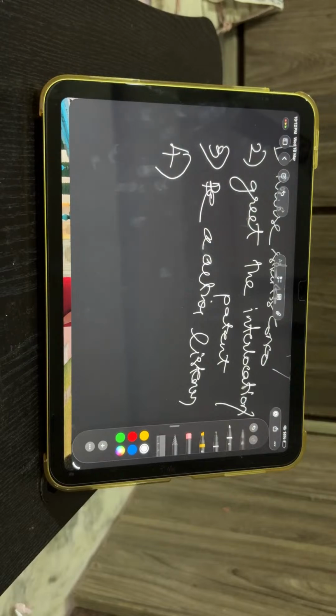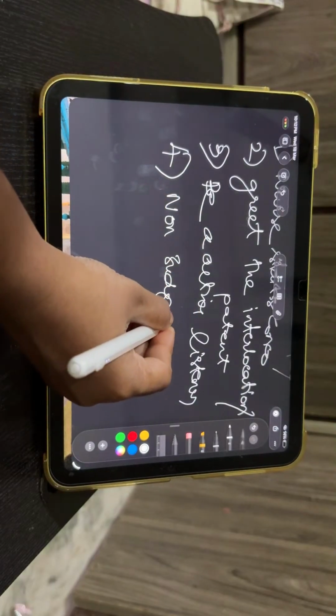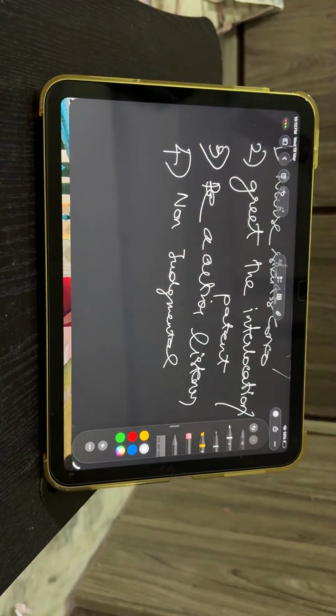So the fourth thing is a non-judgmental approach. You should not be judgmental. If the patient says, "Mr. Nurse, I am taking this brand of tablet, it is not working for my pain, or I have a previous opioid intake history, and even though I am taking pain medication, it is not tolerable."